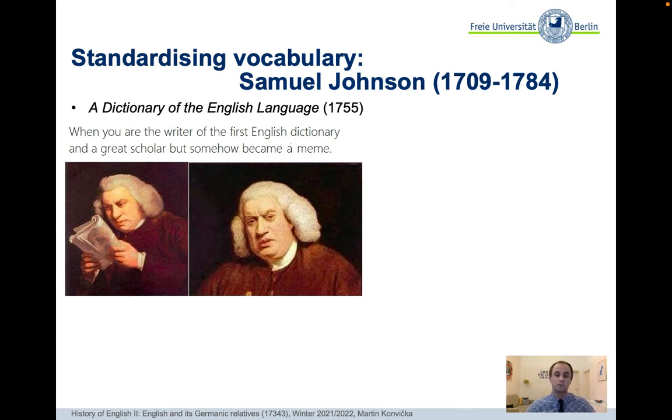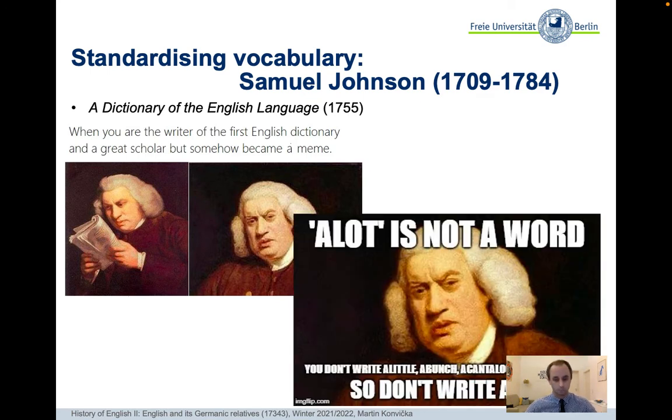I'm not sure whether you've heard about Samuel Johnson, but you very likely know him from memes, right? Memes that are also very often used in a prescriptive manner. For example, this meme that explains to you that a lot is not a word, it should be a lot, right? Written separately.